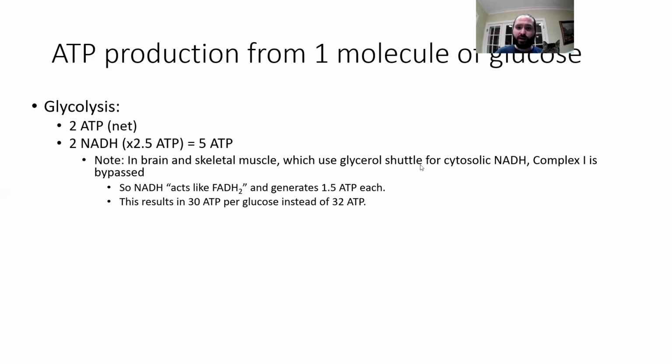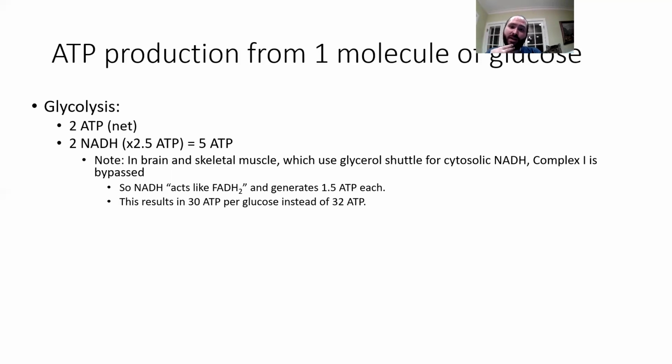This results in 30 ATP per glucose in those tissues instead of 32. So if you ever saw 30 to 32 ATP and were confused, which I certainly was lots of times, this explains the 30 to 32 range.